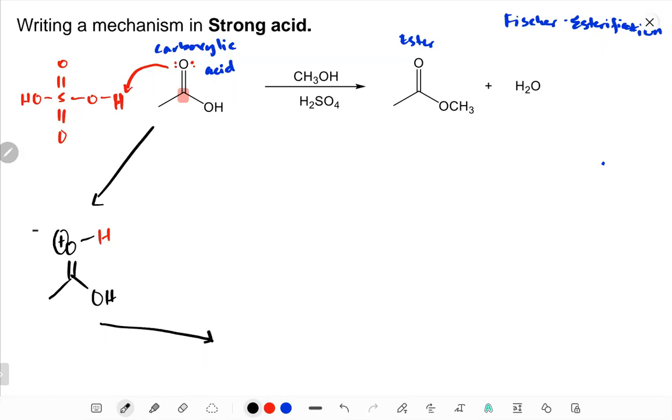And the next step, since you have a very electrophilic carbon here, would be nucleophilic attack with methanol. This is methanol.